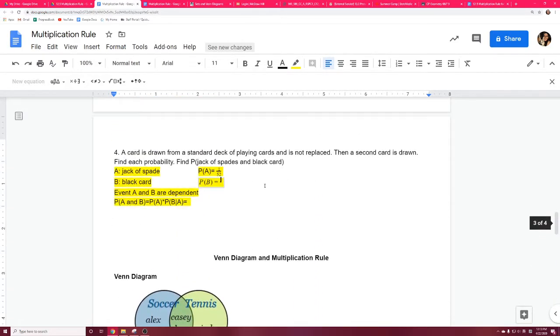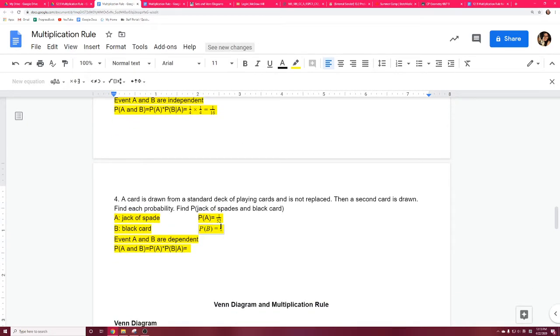So over here, you only have 26 minus 1, which is 25 black cards left since your Jack of Spades is already gone. And then on the bottom will be your total card number in the deck right now. If you take the Jack of Spades out, you only have 51 instead of 52 cards in the deck.